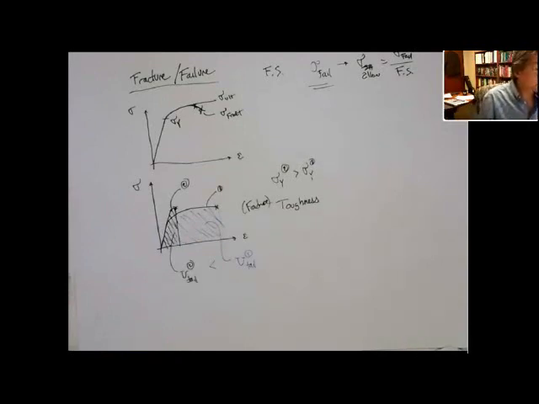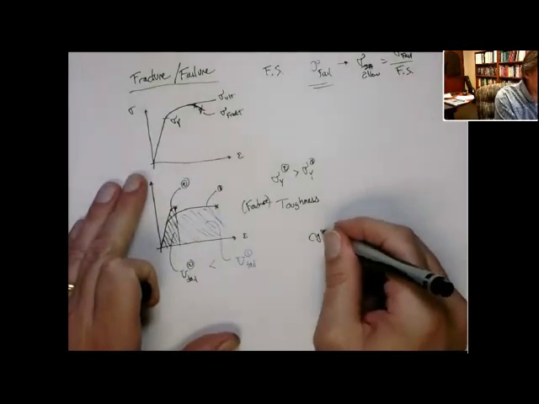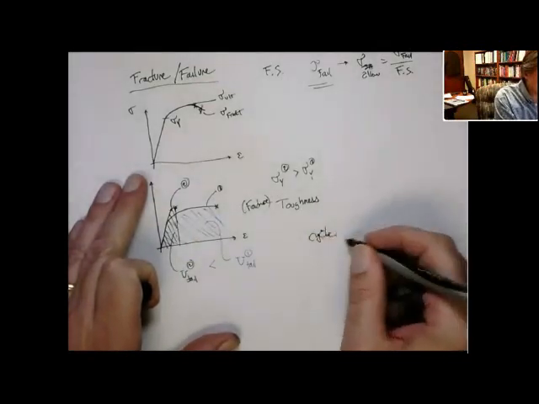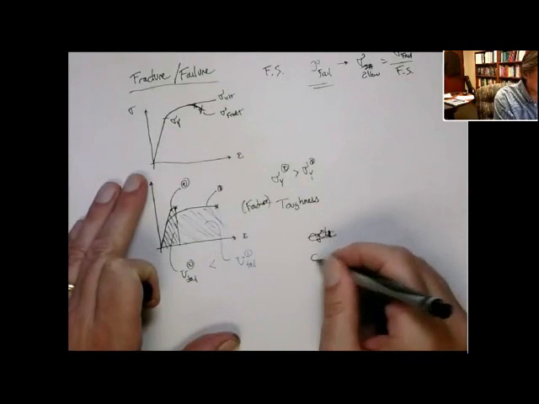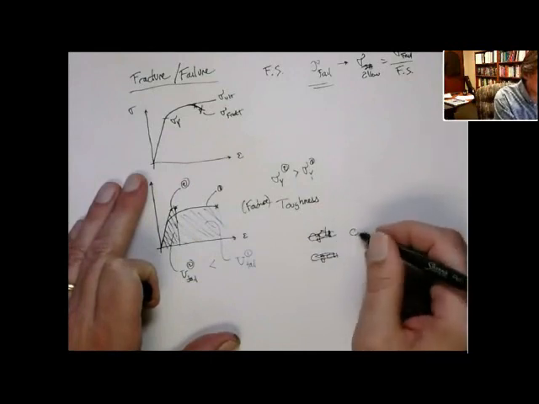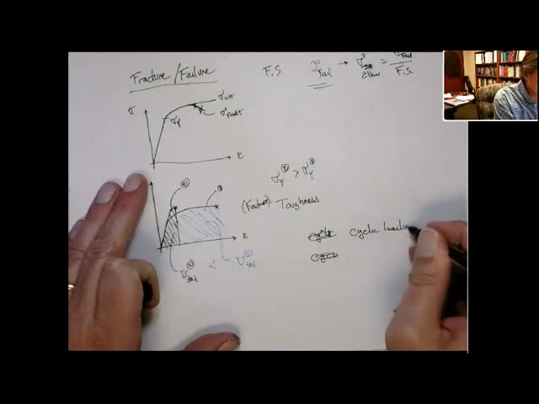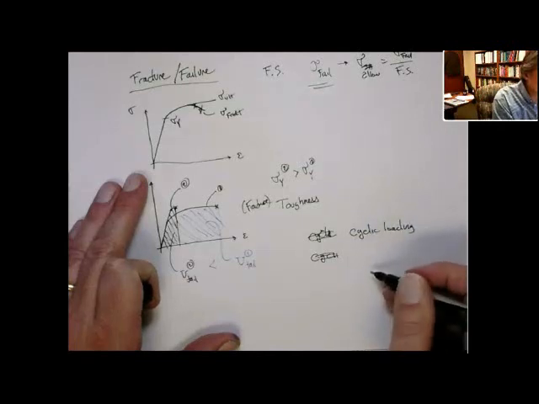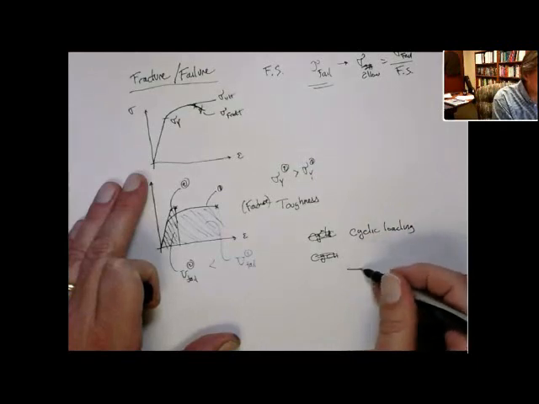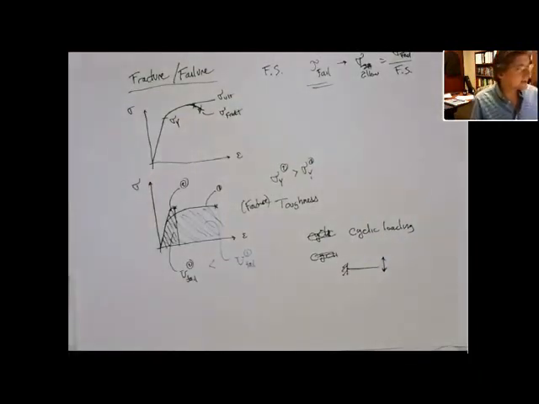Sometimes also, when you take a material, you cycle it: cyclic loading. So let's say a platform is set up in such a manner that it vibrates up and down, so it continuously oscillates.